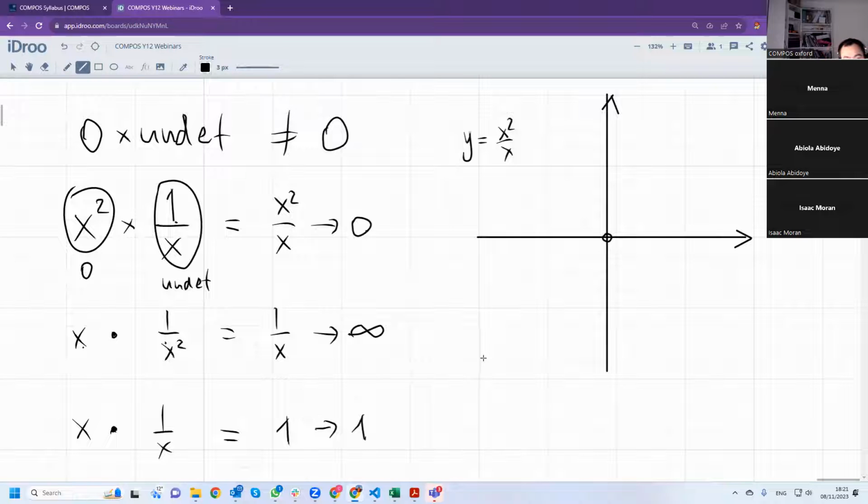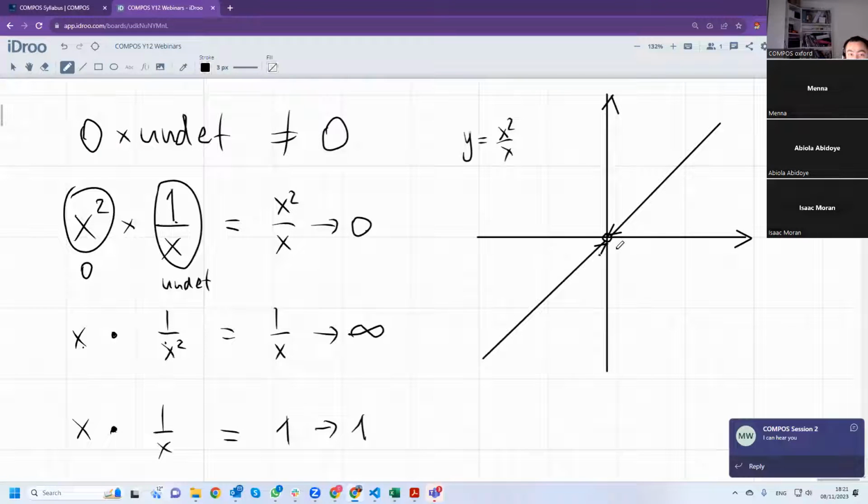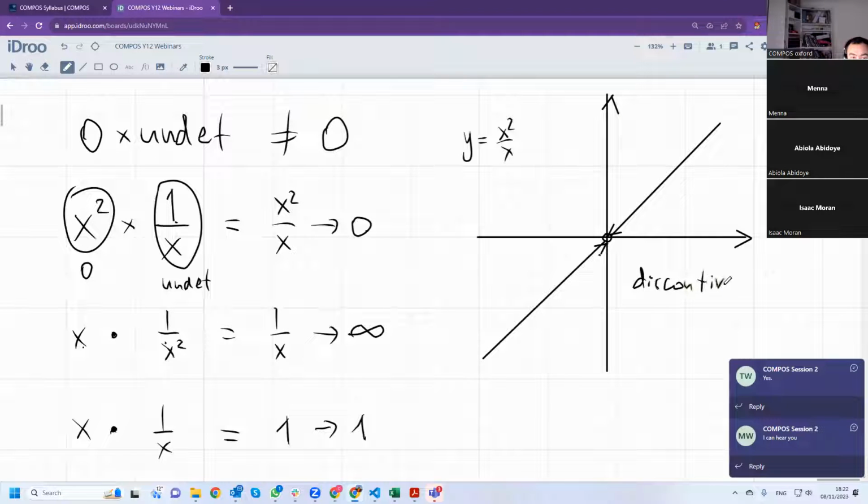But otherwise, it is the same graph. It has a discontinuity of the first type. The function is discontinuous at x equals 0.